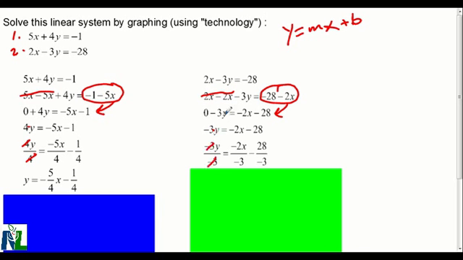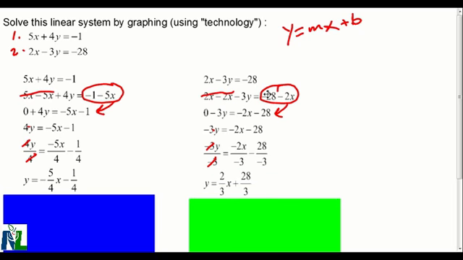Negative 3 divided by negative 3 is 1. So on the left-hand side, I'm going to have 1 times y, which is just going to be y. On the right-hand side, negative 2x divided by negative 3 will give me 2 over 3x. In other words, a negative divided by a negative gives me a positive. 28 divided by negative 3, well, I can think of that as negative 28 over 3.